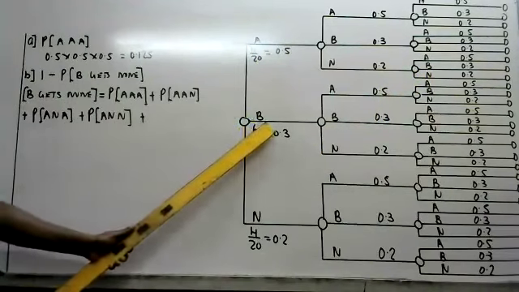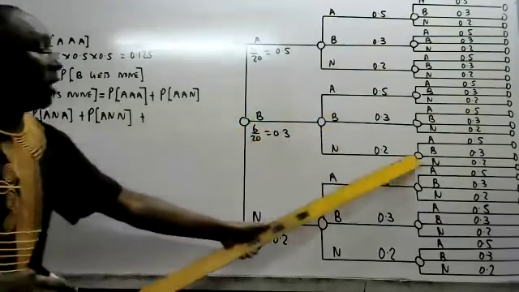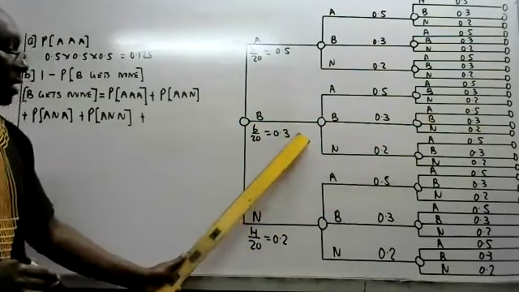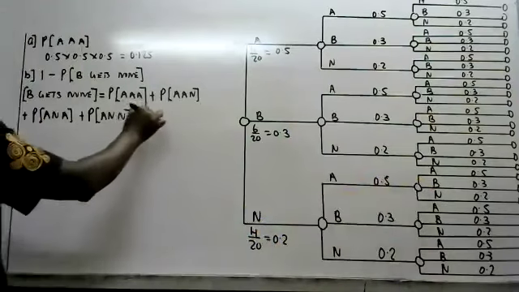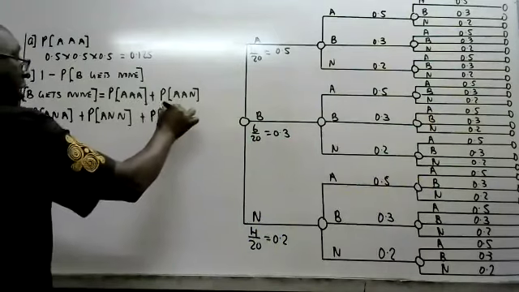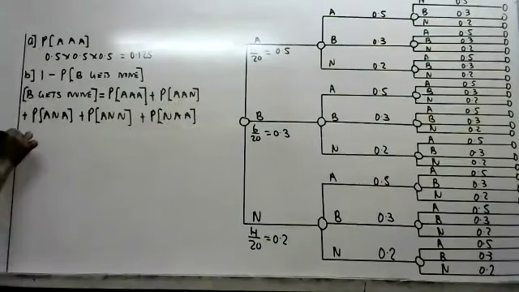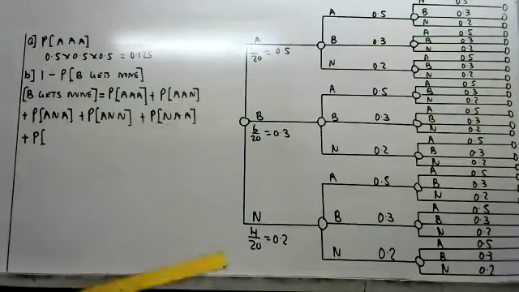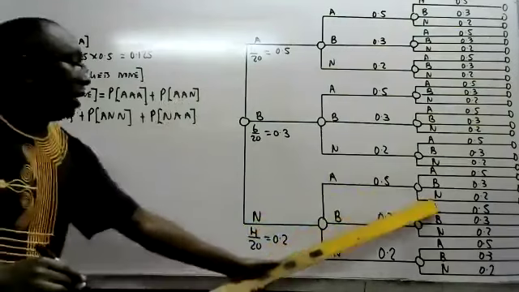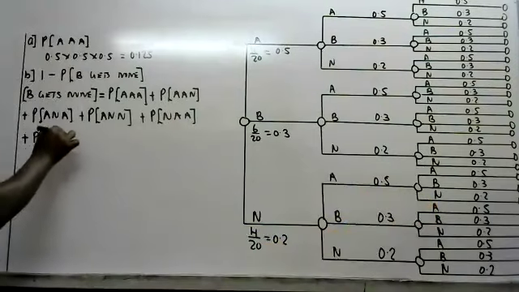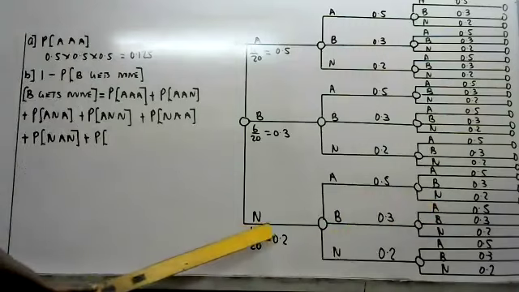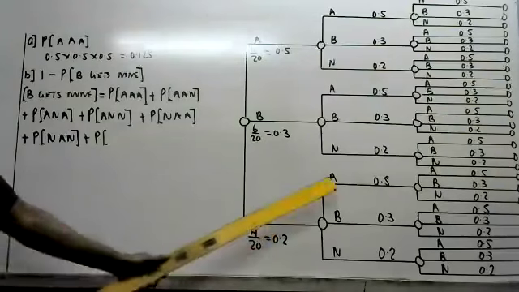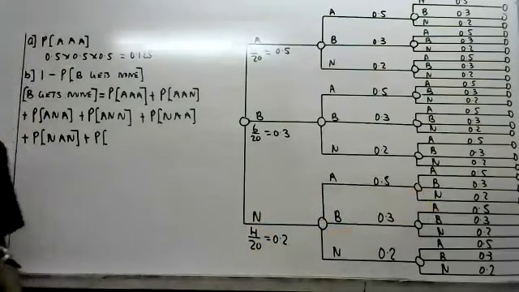All these that follow this B, all of these have a B because of this one. So we skip all of them and come here. So this is NAA, probability of NAA. Probability that the next one is NAN, plus probability of NAN, we already have gotten it.